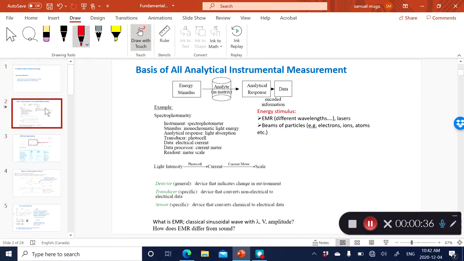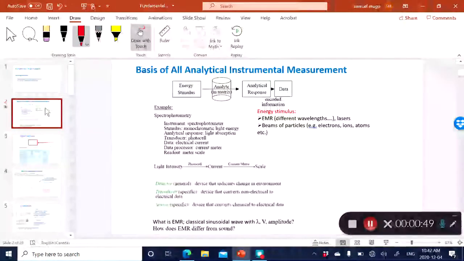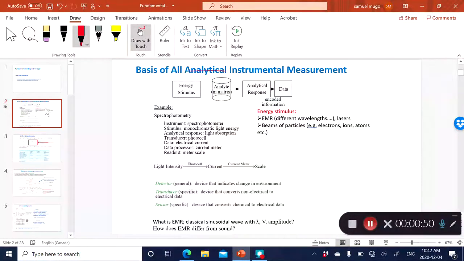Now, all analytical instrumentation, and of course spectroscopy is one big segment of analytical instrumentation out there, is based on this premise: you've got an energy source, and then you've got the analyte or the sample that you're trying to analyze.